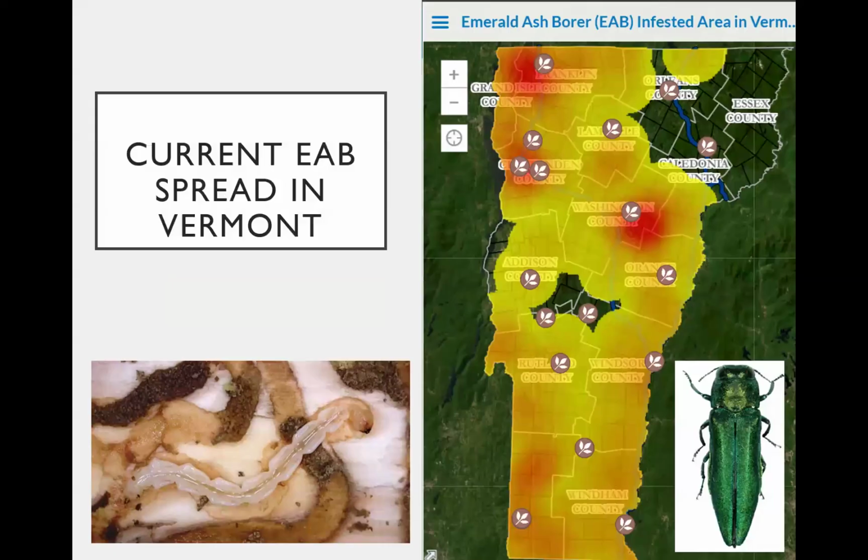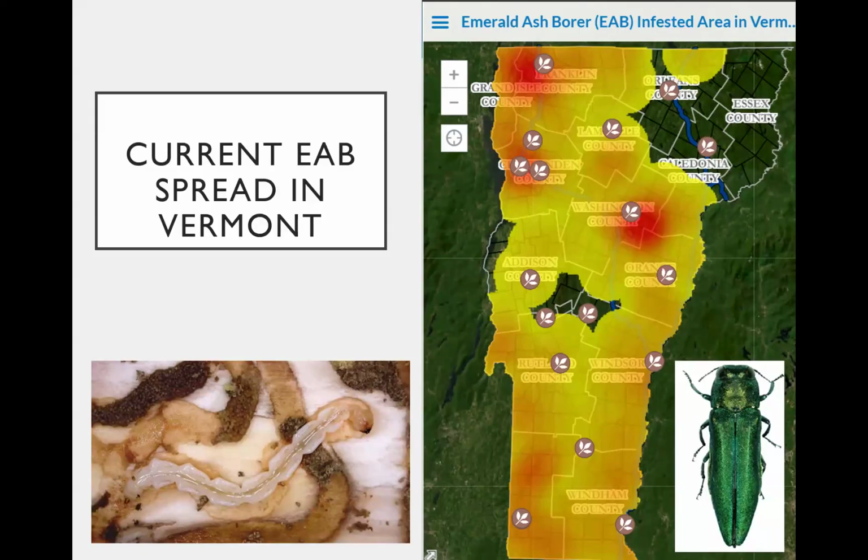So here's the map. The current emerald ash borer spread in Vermont, I pulled this map off the website today, is pretty crowded. When this map was first started, it's a heat map. And so there's an infestation, a tree, it could be several trees, but even just one tree found with emerald ash borer in it.